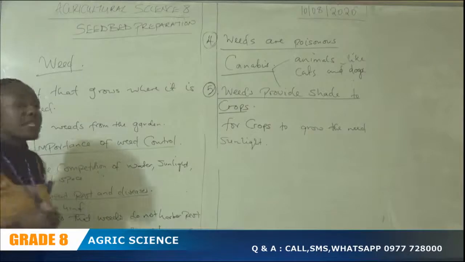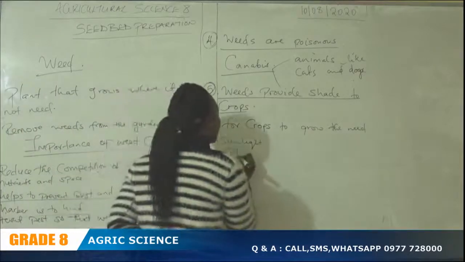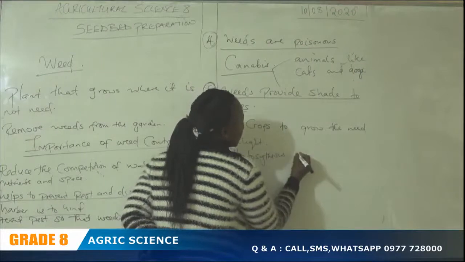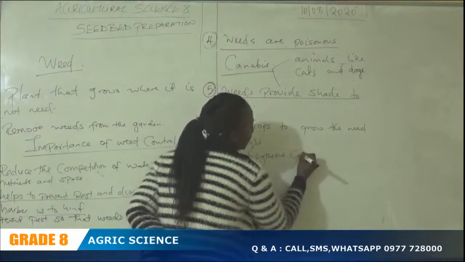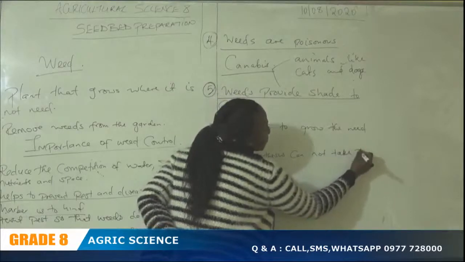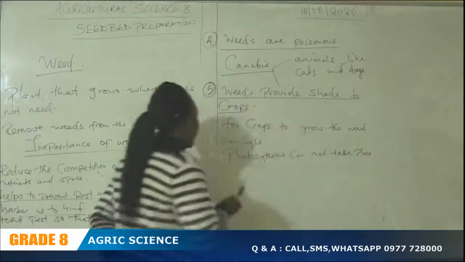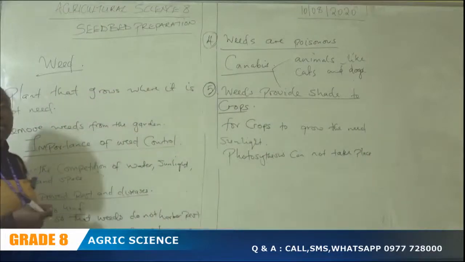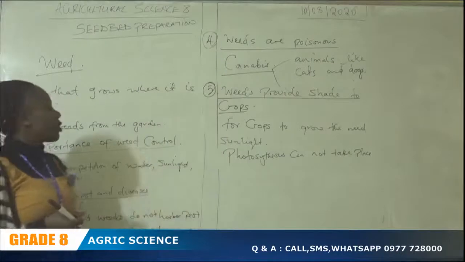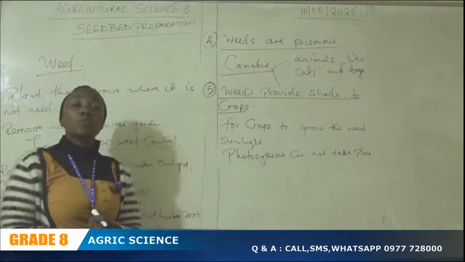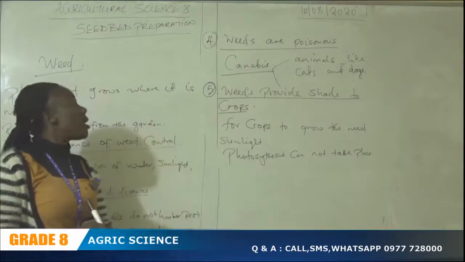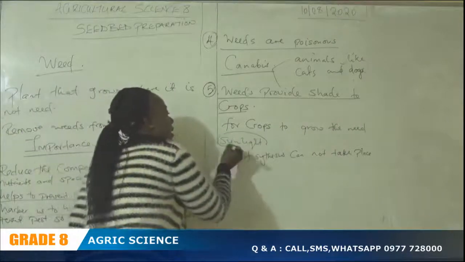Without sunlight, photosynthesis cannot take place. And what is photosynthesis? I remember last week we defined what photosynthesis is. We said photosynthesis is a process by which plants make their own food, and plants cannot make their own food minus sunlight. Are we together?